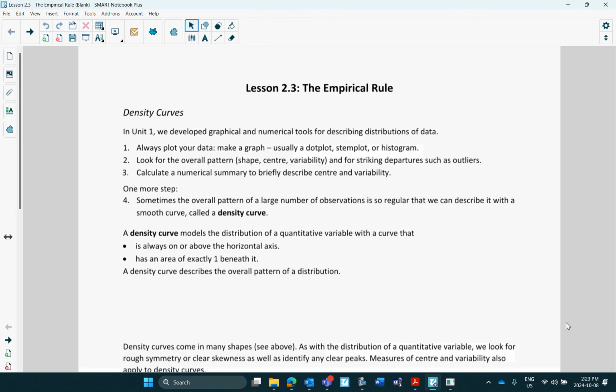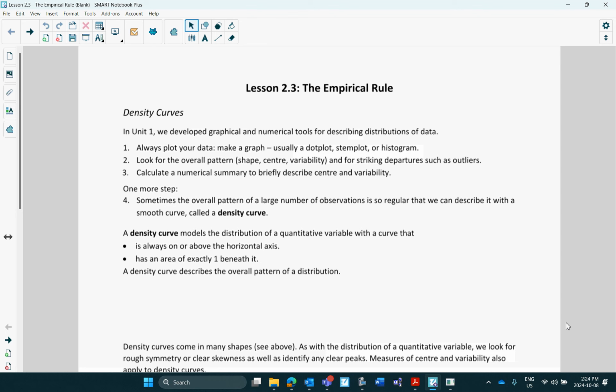So when it's in graphical form, you can do number 2, where you look for overall patterns like the shape of the data, whether it's roughly symmetrical, skewed to the right, skewed to the left, whereabouts the center is, how spread out the data is, whether there appears to be any outliers or not.